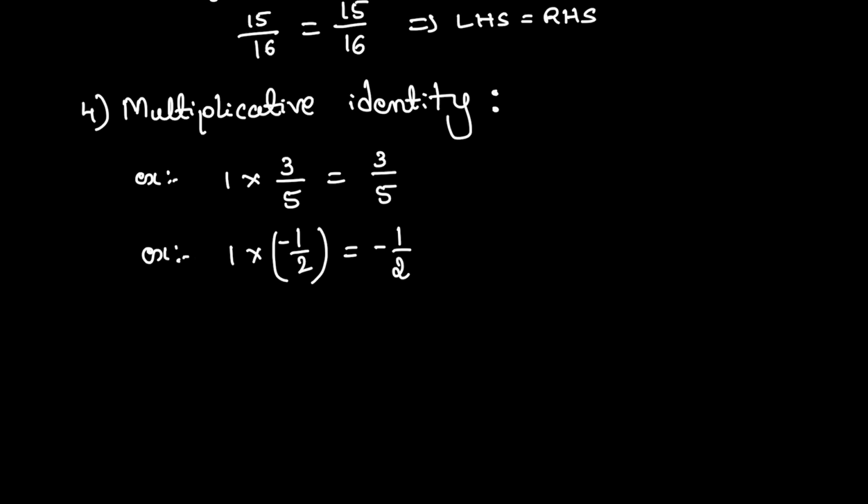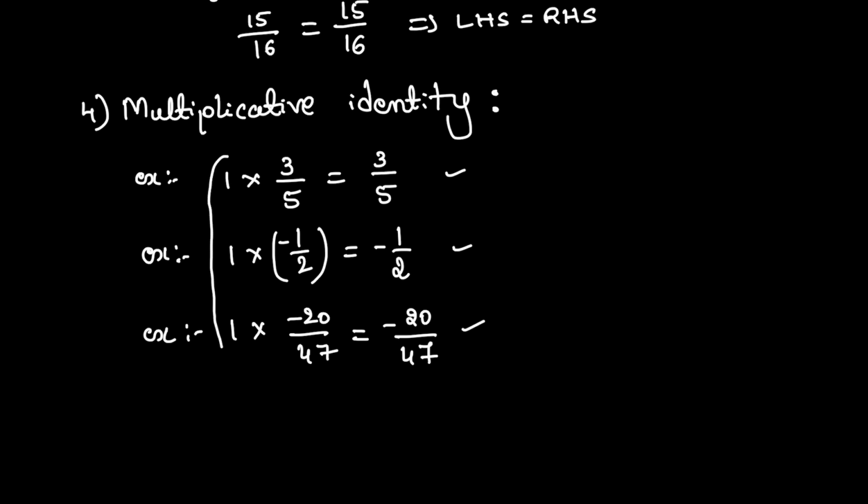We are getting the same rational numbers. 1 into minus 20 by 47 gives minus 20 by 47. So here you can see we are getting the same rational numbers. With 1, if you multiply any rational number, we'll get the same rational number. That's why 1 is the multiplicative identity.